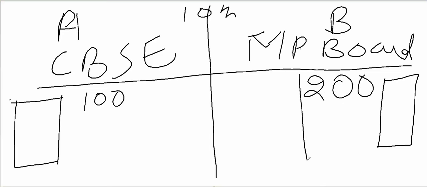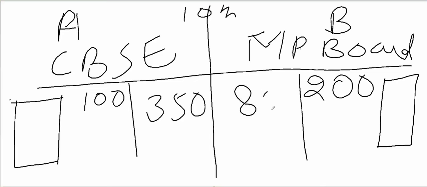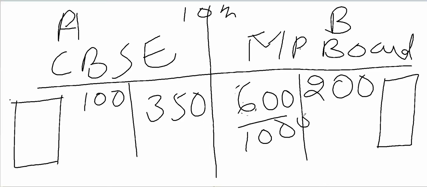Now, student A got 350 marks in all, and let's say student B got 600 marks in all. Student B got 600 out of 1000 marks, and this fellow got 350 out of 500 marks.